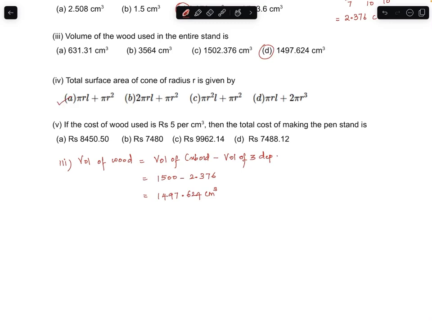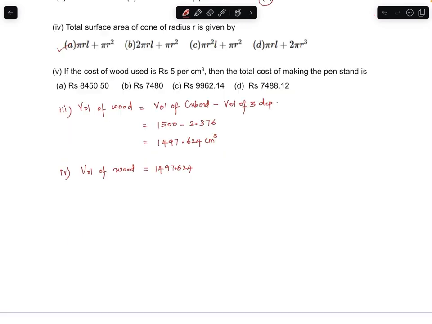Fifth question. If the cost of wood used is rupees 5 per centimeter cube, then the total cost of making the pen stand is. Now that we have calculated the volume of wood is 1497.624.